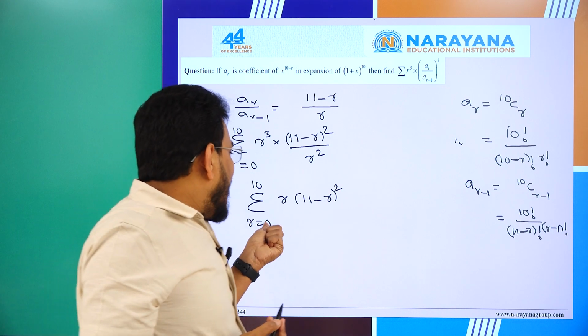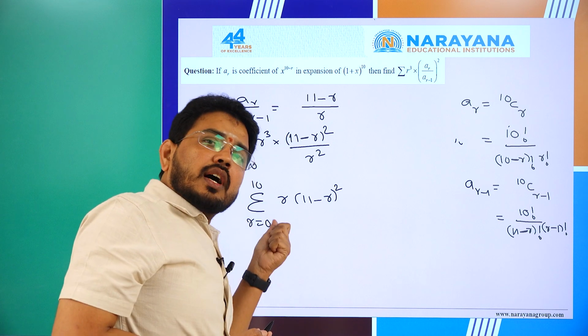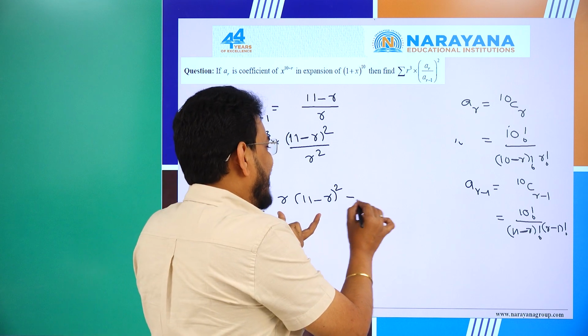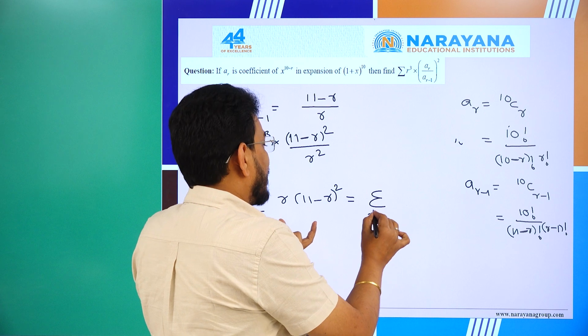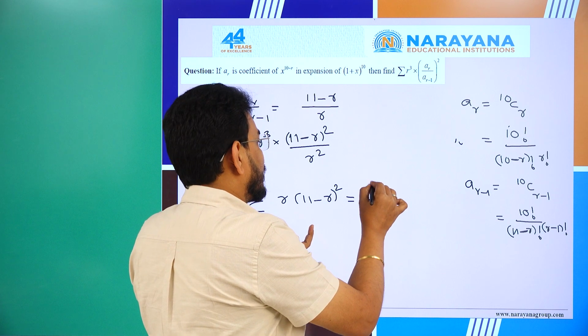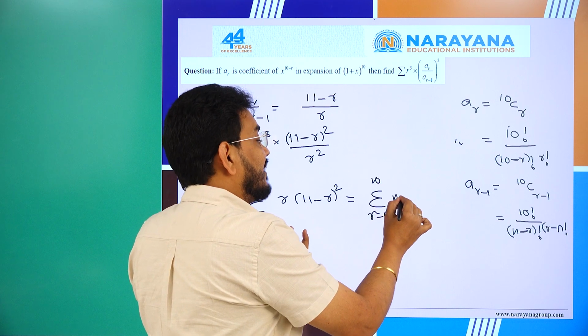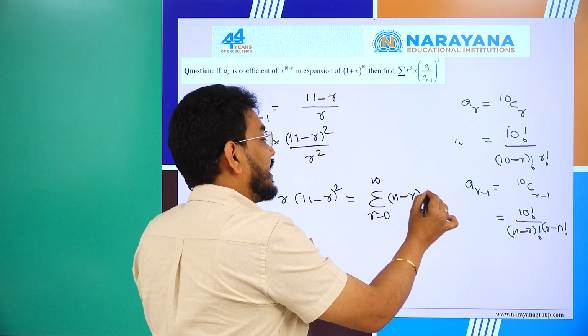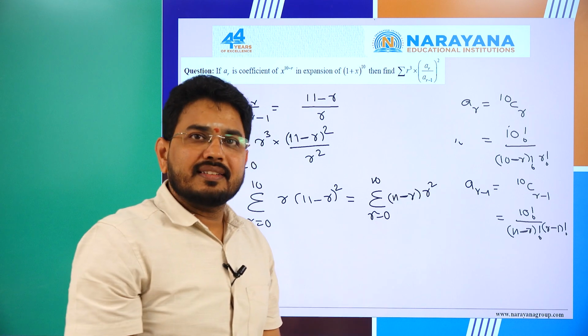See, here r is equal to 0, r is equal to 1, this can be written as summation of r is equal to 0 to 10, 11 minus r into r square.